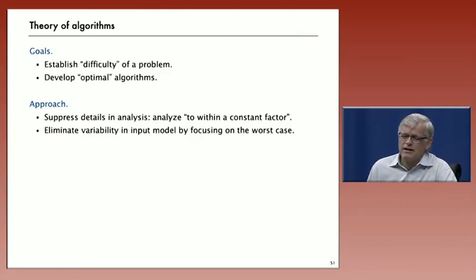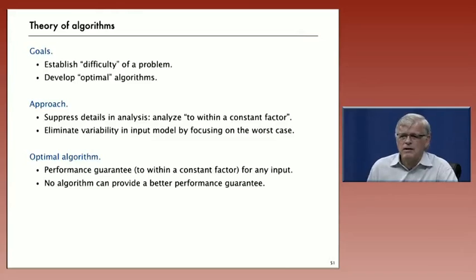And also, we want to not worry about the input model at all. And so we focus on worst case design. Then we can talk about performance of algorithms just in terms of the order of growth. And it's actually possible to do that in a very rigorous way that has taught us a lot about the difficulty of solving problems.